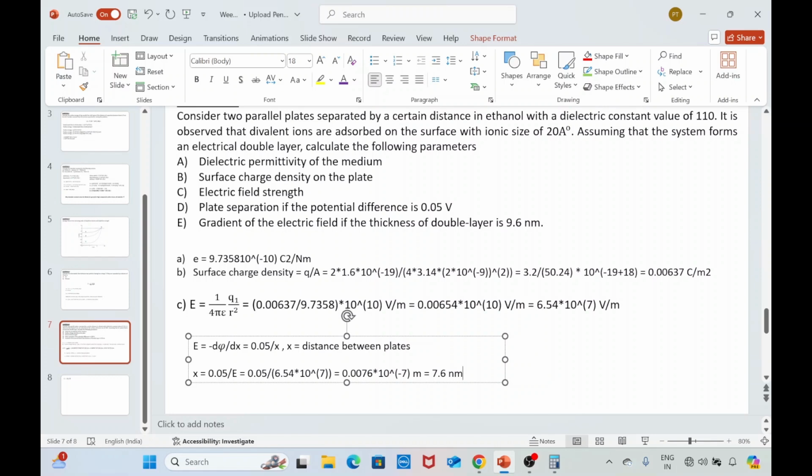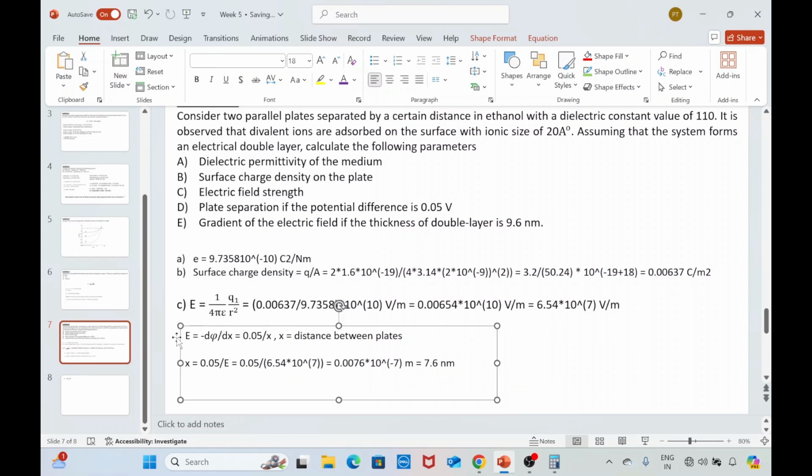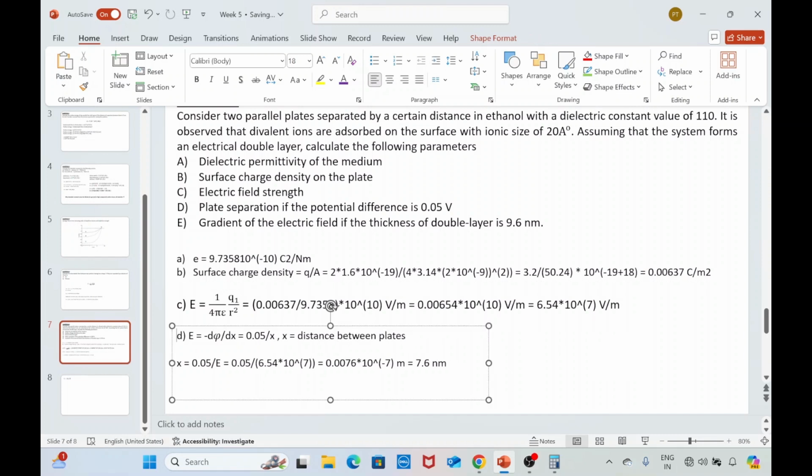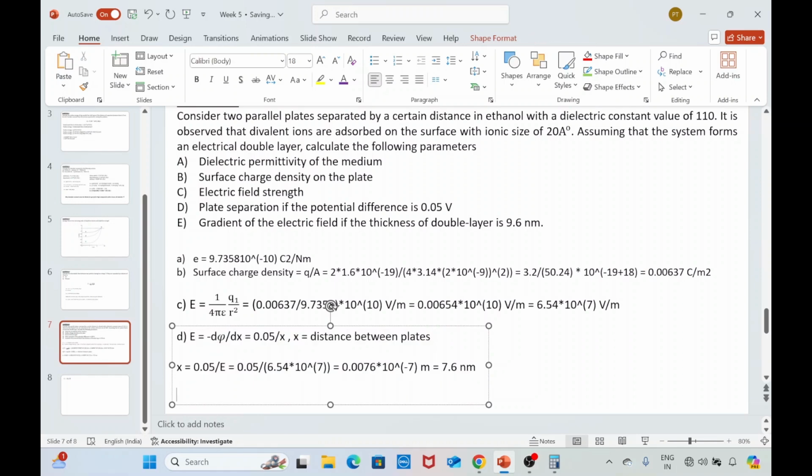Now they are asking what will be the electric field if the thickness of the double layer, that is delta x, is 9.6 nanometers, keeping the potential difference the same.